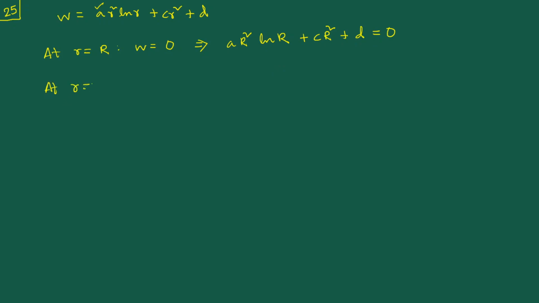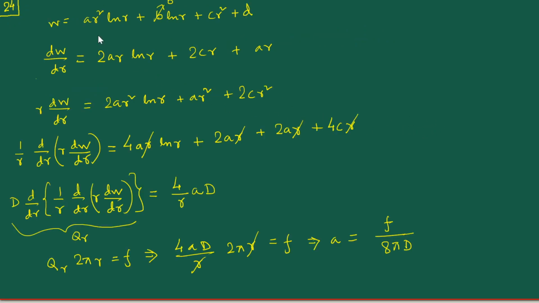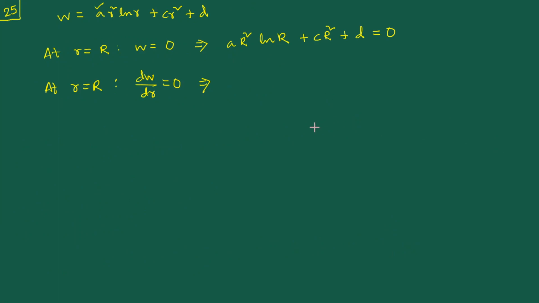Furthermore, at r equal to R, I have dW/dr equal to 0, which means I can just go to the previous page and copy out this expression for dW/dr. But I have to be careful that this small r is actually capital R here, because we are sitting at the periphery now.